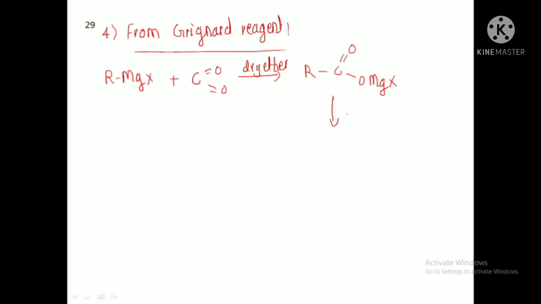This, on treatment with H3O plus, that is acidic hydrolysis, will give RCOOH. This is the fourth method of preparation of acid from Grignard reagent.